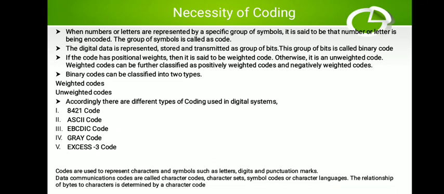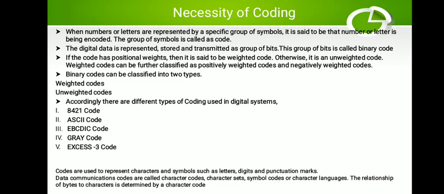Clear? So this way the weights are assigned to a binary number. Now say a code is of 4 bits. How many positions will we have? 4 positions. So what will the weights be? 2 raised to 0, 2 raised to 1, 2 raised to 2 and 2 raised to 3.